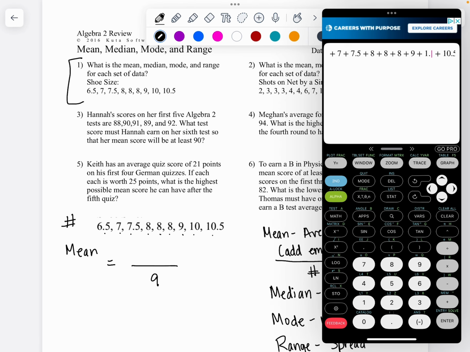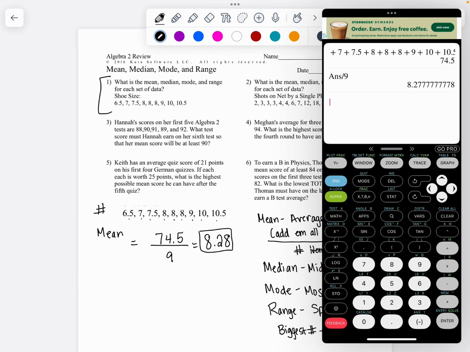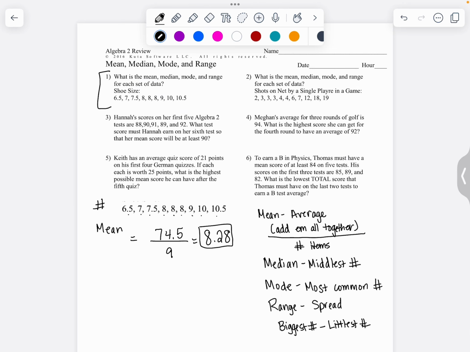Let's make sure I do that right. That's a 10. Okay, so 74.5. There we go. So my mean is going to be 74.5 divided by 9. So my mean is 8.28. There we go. Somewhere thereabouts. Okay, I'm going to put that to the side now.